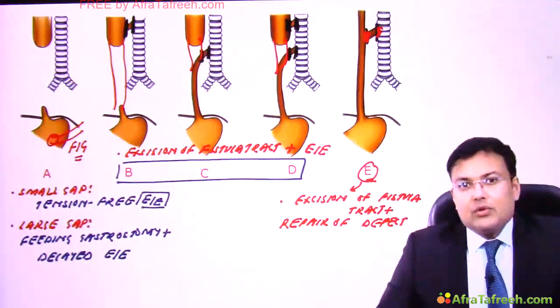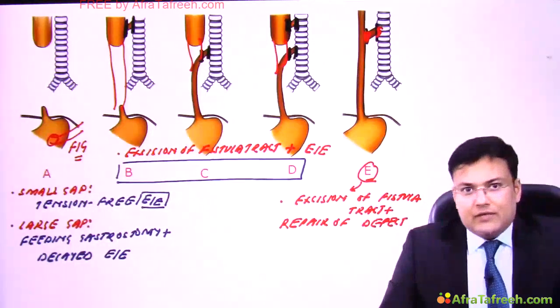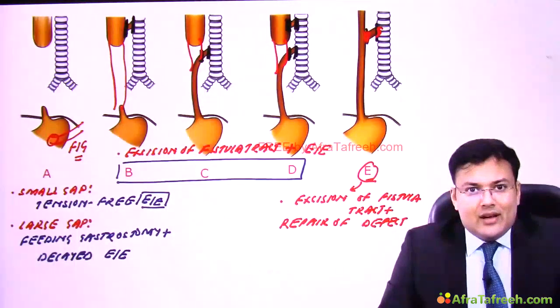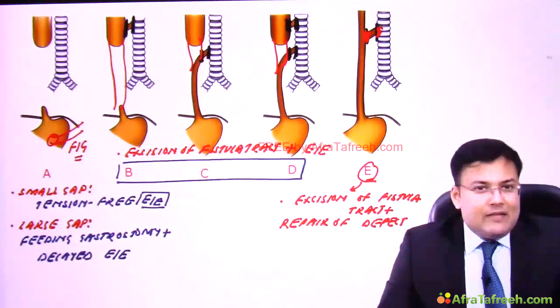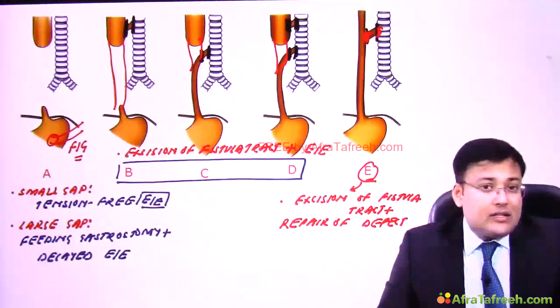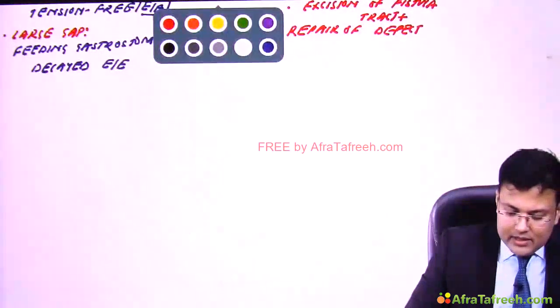Now coming to the prognosis. Mortality in tracheoesophageal fistula is related to the associated abnormalities. If the patient has chromosomal abnormality or cardiovascular abnormality, these are the causes responsible for death.